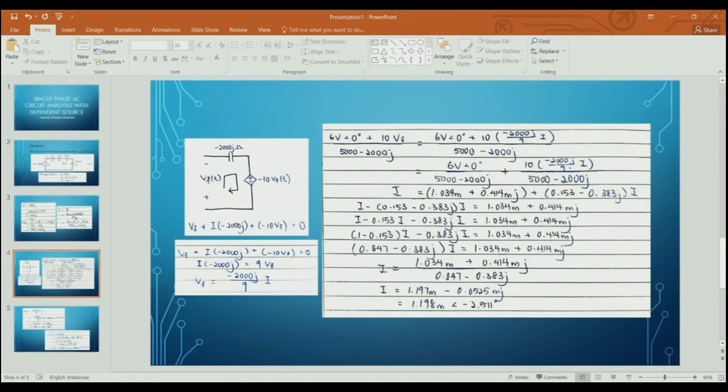We use this equation to find Vf. So Vf is equal to negative 2kj divided by 9 multiplied by I. We put this answer into the Vf in the current expression just now. So we get the current equal to 1.198 amps with negative 2.511 degrees.